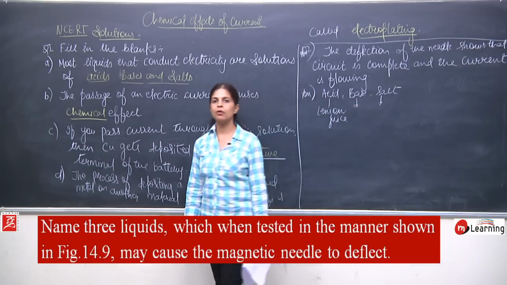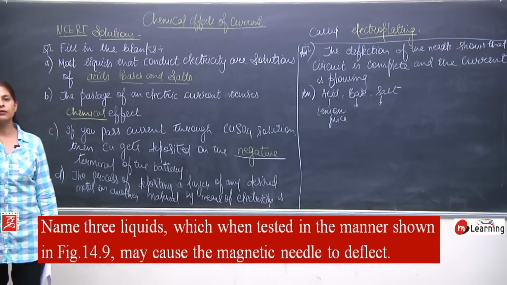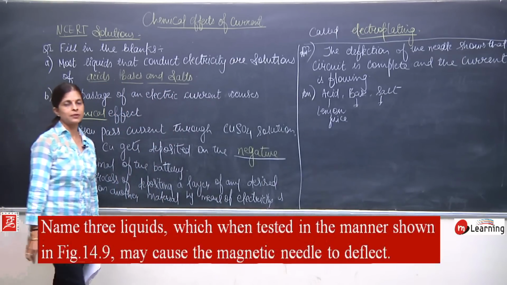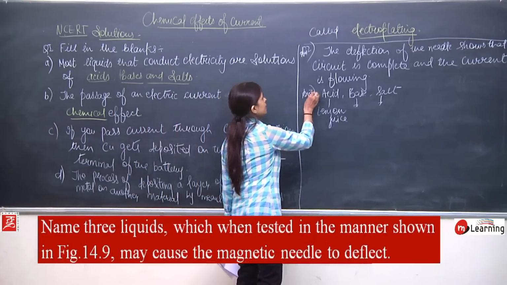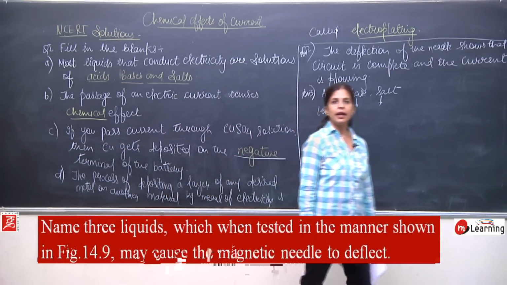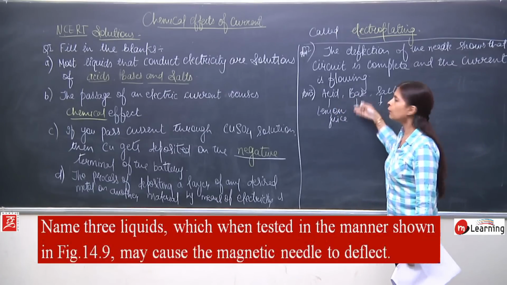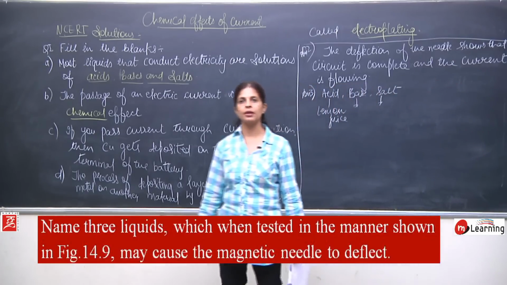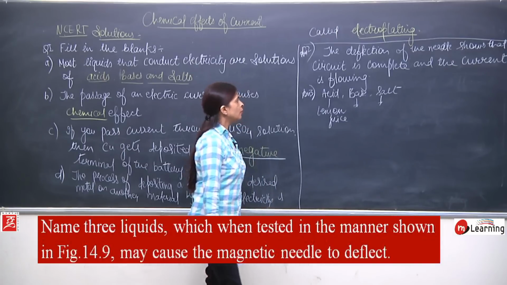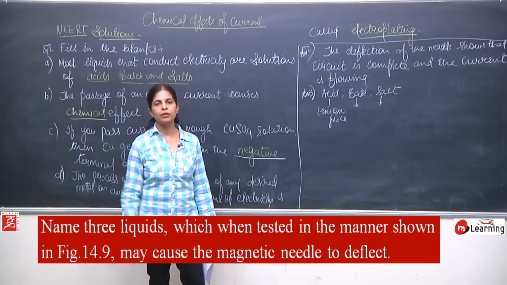They are asking about the 3 liquids from which the current can be passed. So, this is the third answer: acid, base and salt. At least here you can write any 1 base and any 1 salt. Yes. So, from here the electricity can flow.